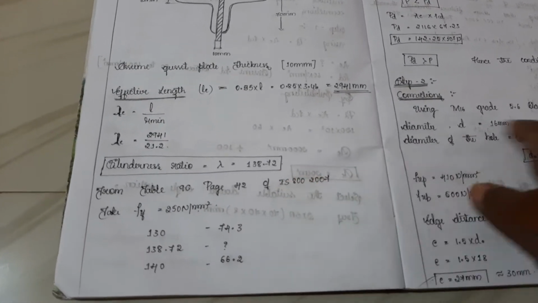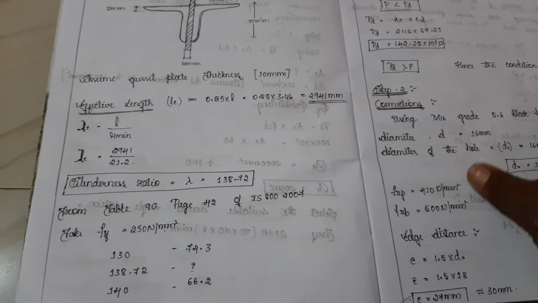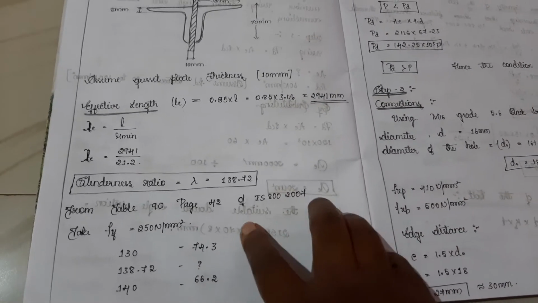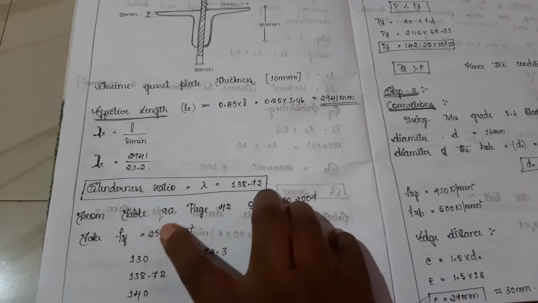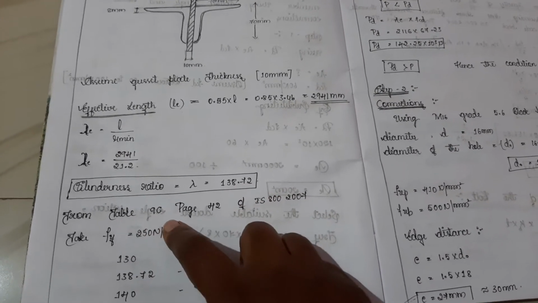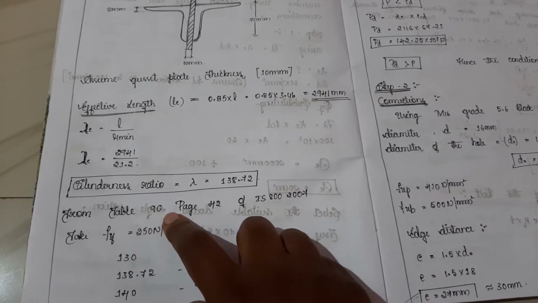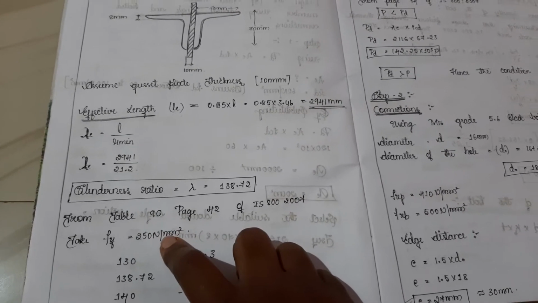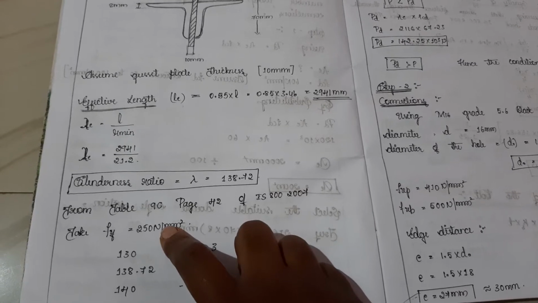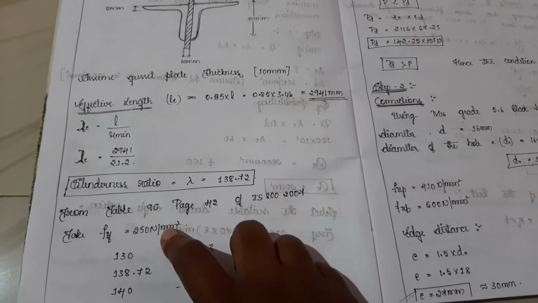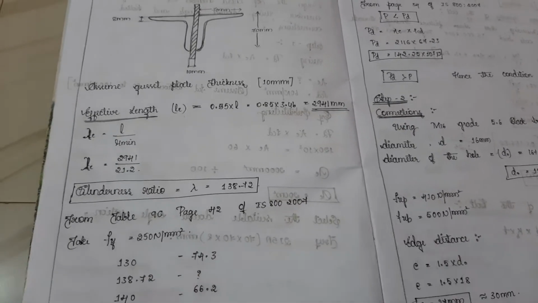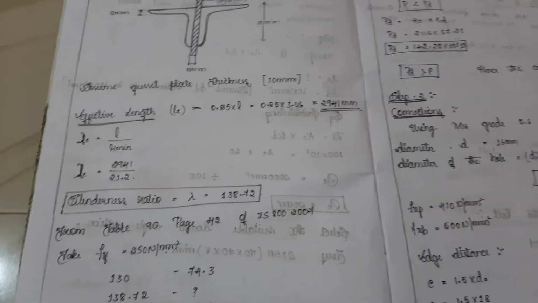From Table 9C, page number 42, IS 800, open that IS 800 code book. In case they have not mentioned it, you need to take your fy as 250 only. In case they have mentioned your fy value, you need to look at those values. I'll open Table 9C from page number 42.